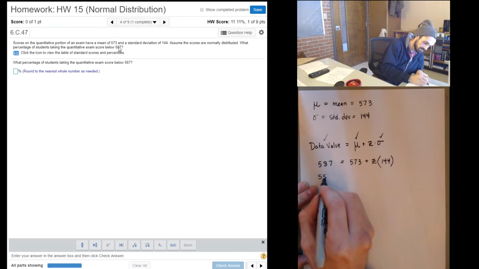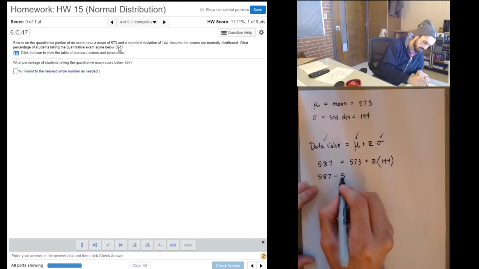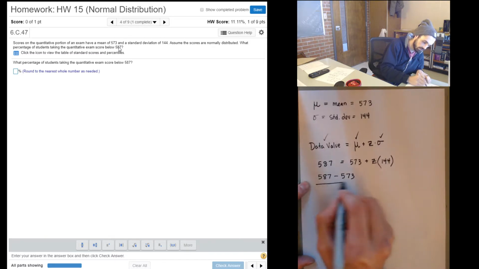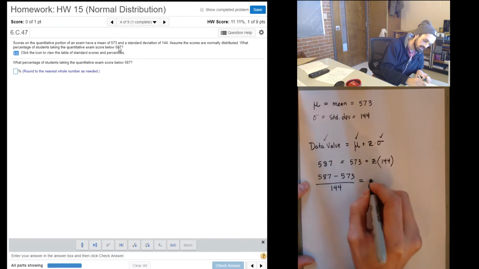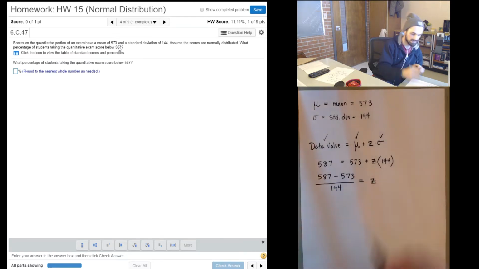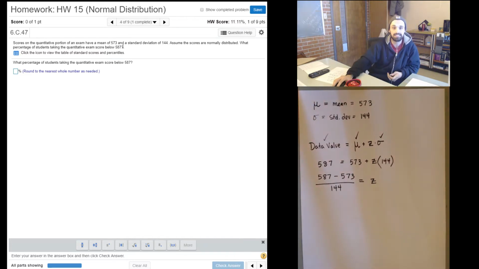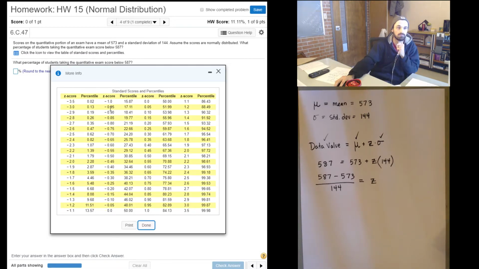So 587 minus 573, all divided by 144, and that is equal to your z-score. Well, why are we solving for a z-score? Well, once you know the z-score, simply locate that percentile.